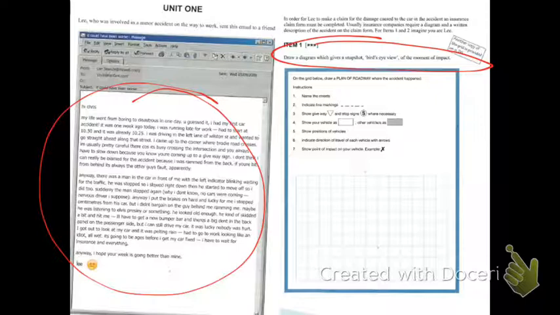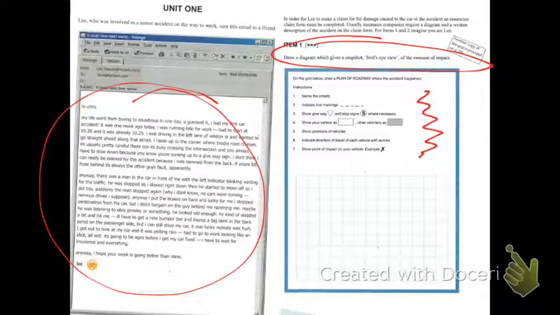For example, it says here, draw a diagram that gives you a snapshot, or bird's eye view, of the moment. So in other words, you've got to look at these things here and refer back to that text. If you read the text first and then go to these questions, you don't really know what you were meant to be writing, because you've forgotten what you read.